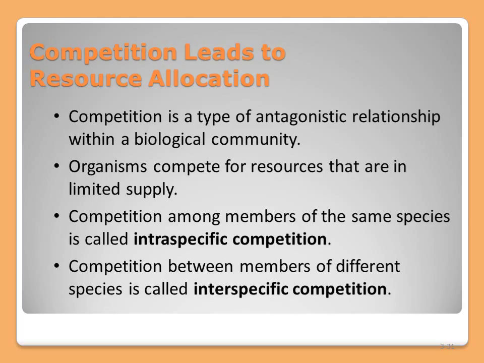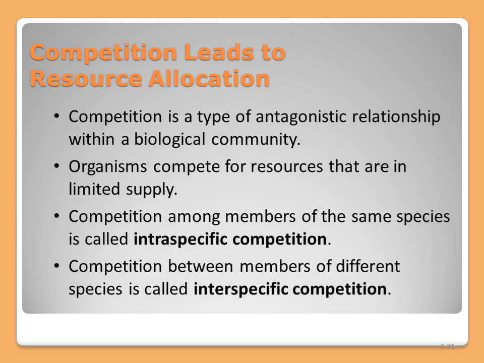They say it's antagonistic, which means it's not a positive interaction working together, but more a negative interaction. It's where organisms are competing for resources that are in limited supply. If there was unlimited supply of some resource, then it wouldn't really be competition. It's only when that resource is limited that they would consider that competition.